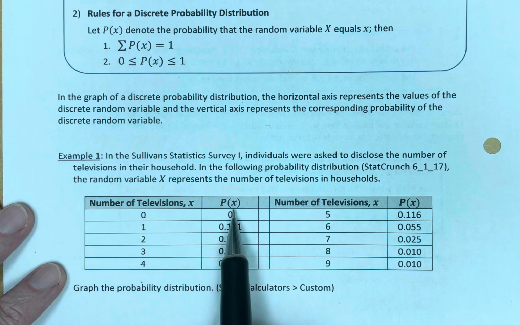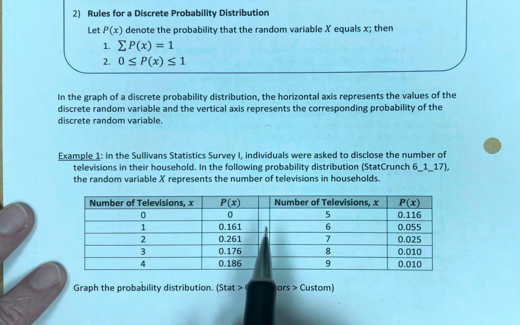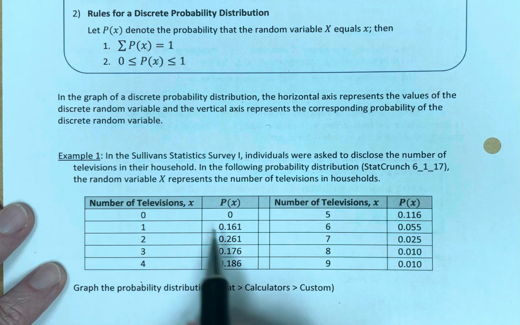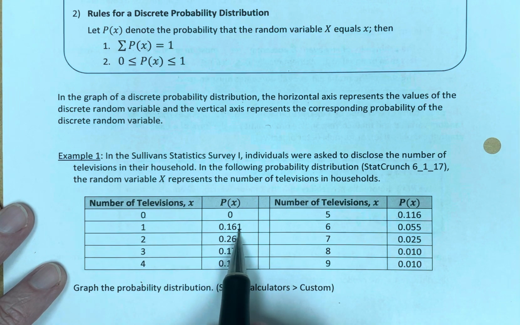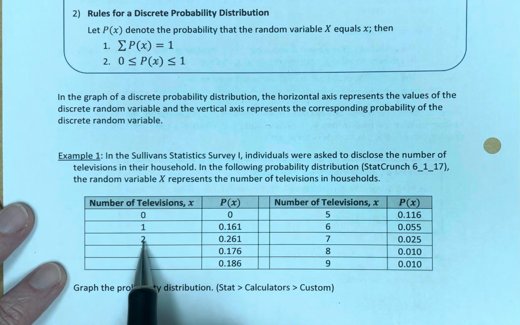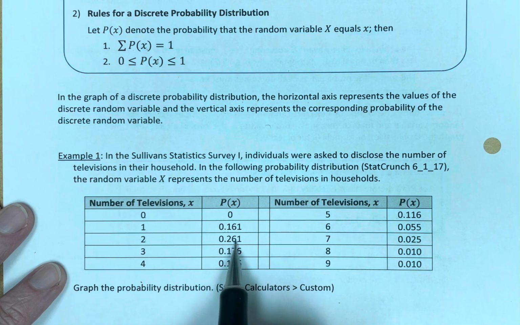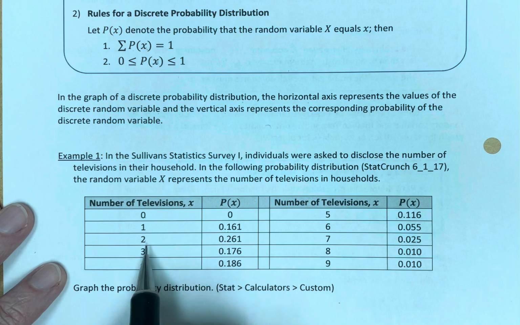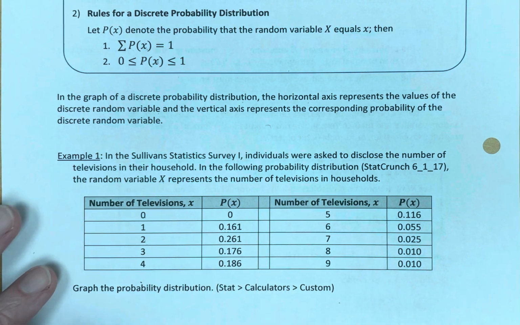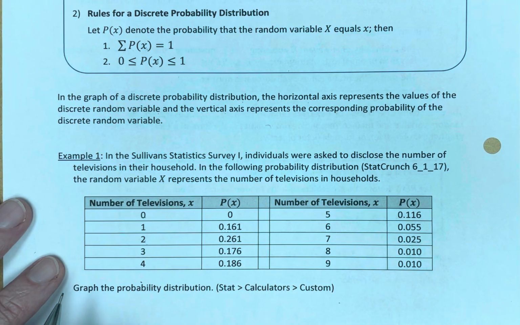So, it looks like nobody had 0 televisions. One television was in 0.161 of the households, which as a percent is 16.1%. The number of households that had 2 televisions, the probability was 0.261. The probability of having 2 TVs was just a little over 26%.